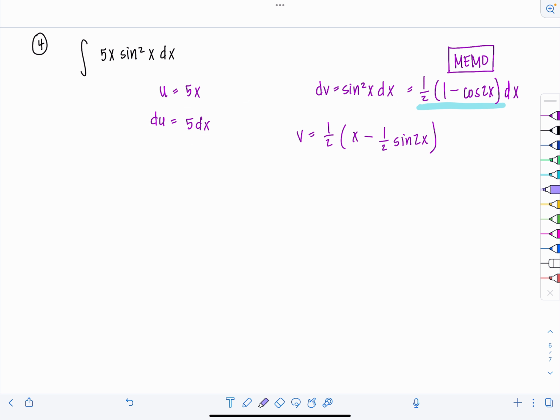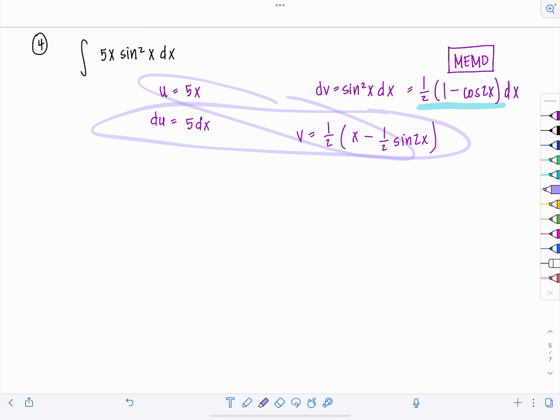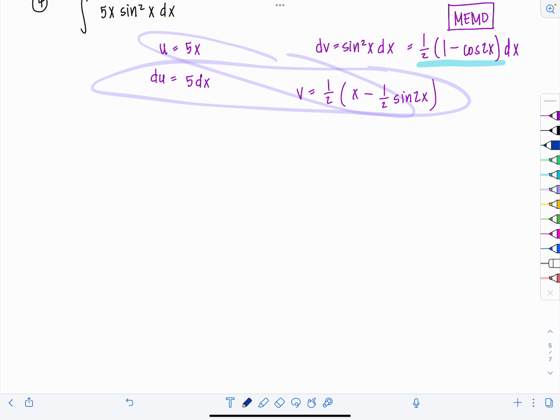All right, so we're going to have uv minus integral of v du. Let's set her up. U times v. How shall we write it? Put the constants together. There's a 5 and a 1/2. That's 5 halves, is it not? 5 halves times (x minus 1/2 sine 2x).